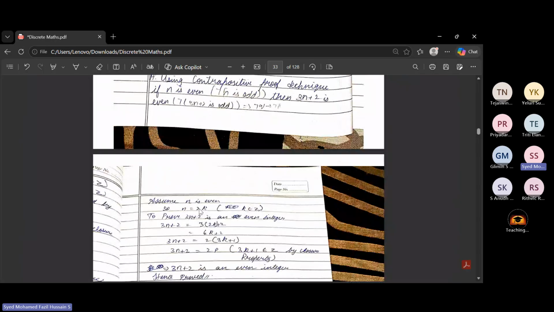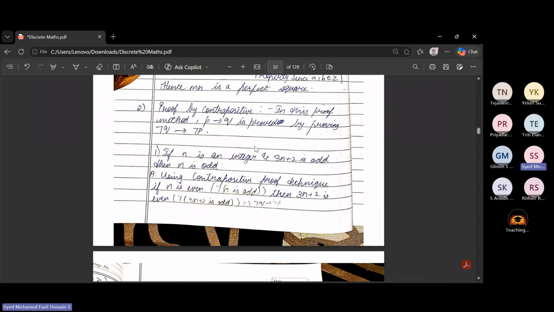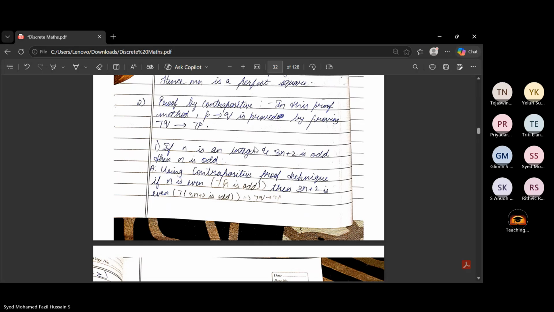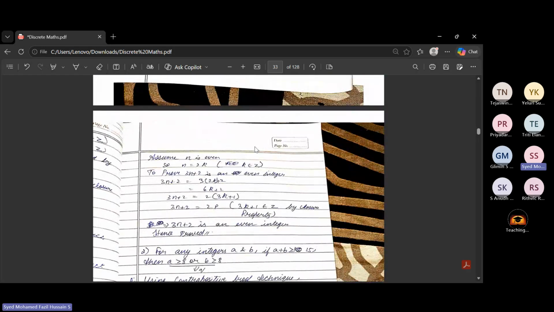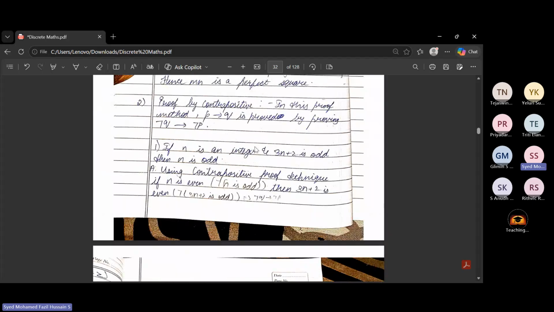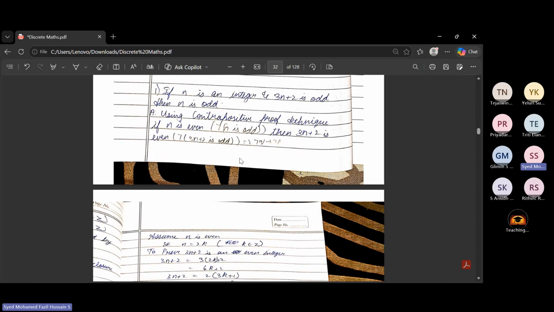We are proving it using the contrapositive. In this contrapositive method, we just have to be mindful: change the places, put negation on both after changing those places, and then go via the direct method. That's it.